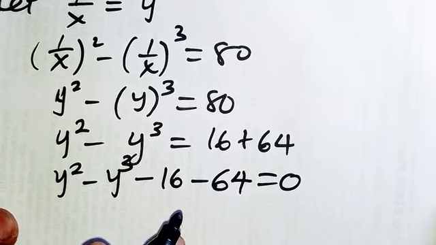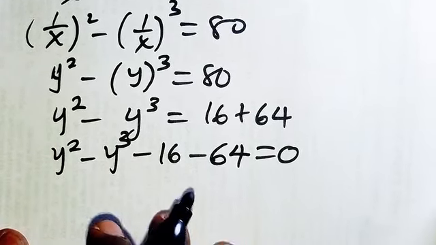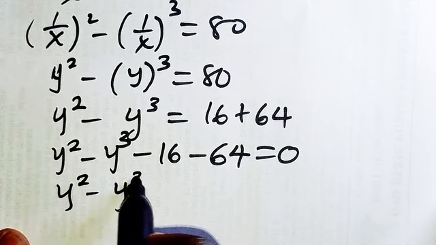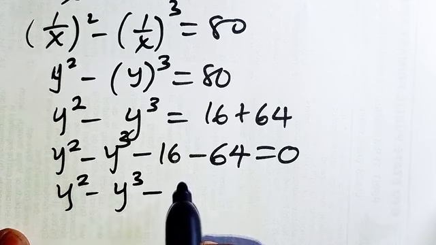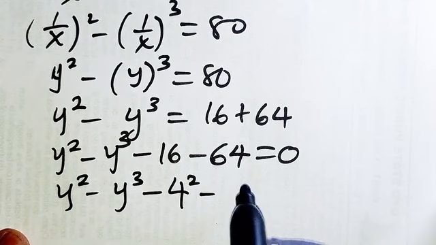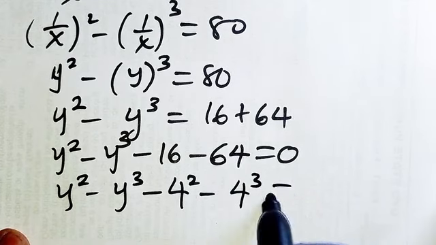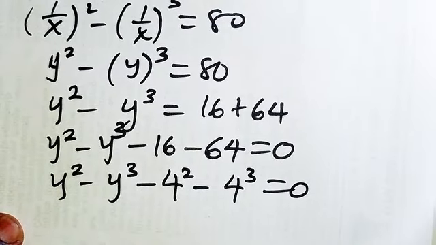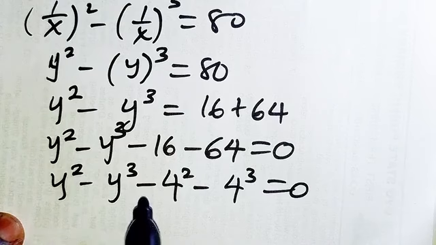Right, so now I can see that I can write 16 as 4 to power 2 and 64 as 4 to power 3, then equals 0. Now I'm going to collect the like terms, taking the terms with the same powers and collecting them together.